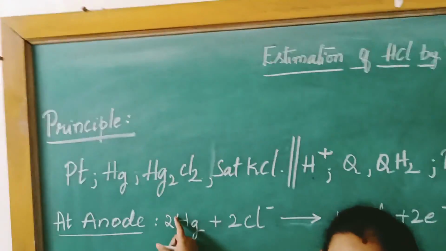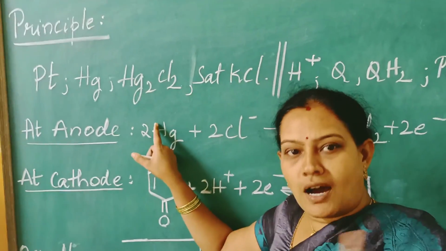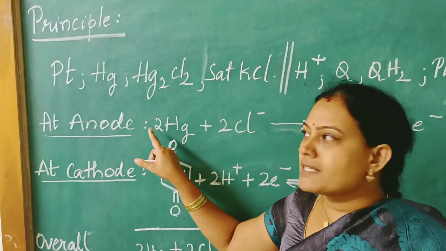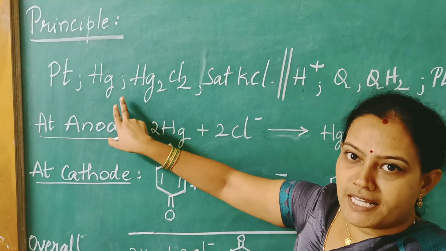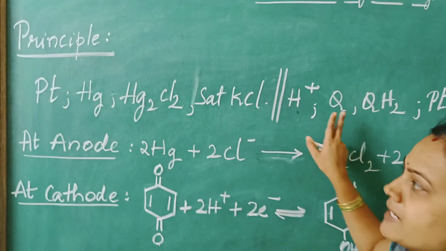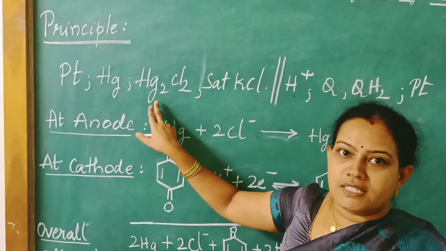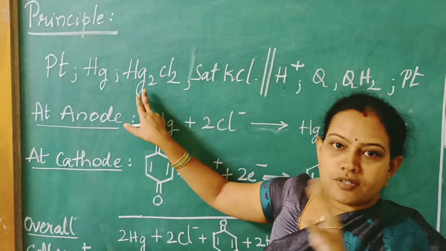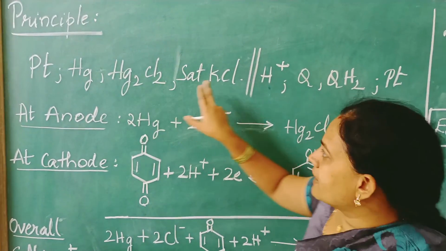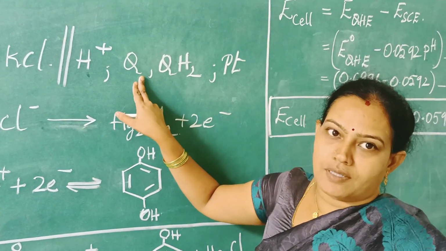Usually any electrochemical cell involves two half cell reactions: one is the oxidation half cell and the other is the reduction half cell. The oxidation half cell involves the release of electrons, and the reduction half cell involves the acceptance of electrons.